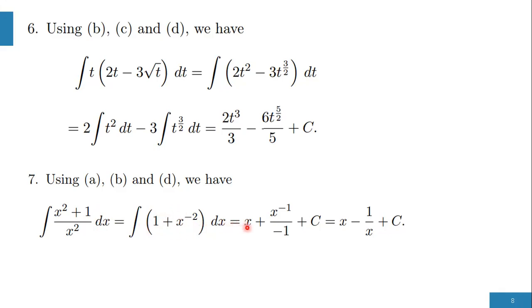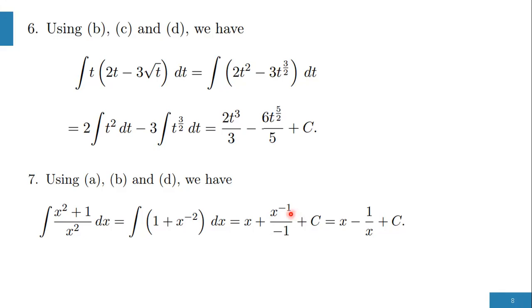As we integrate 1, that's equal to x, plus x raised to the power of negative 2 plus 1, which is x raised to the power of negative 1, all over negative 2 plus 1, which is also negative 1, plus c.